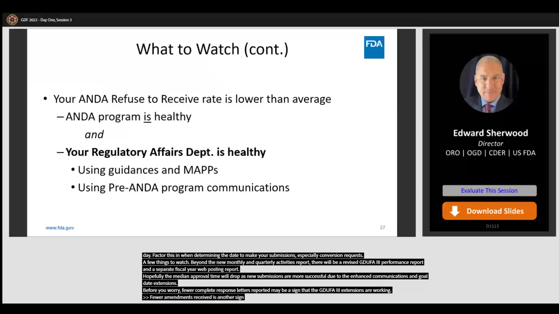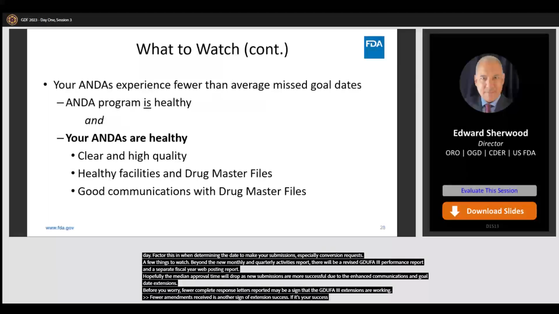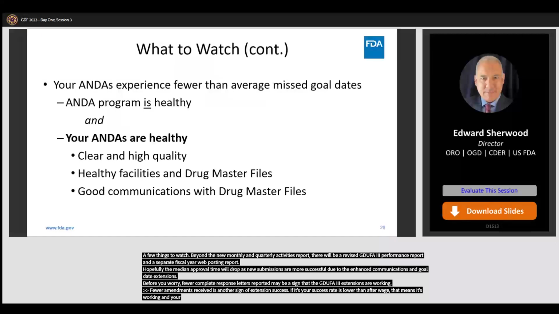If your refused to receive rate is lower than average, that means FDA's filing information requests are working and your regulatory affairs department is healthy. If you experience fewer goal date misses, that means FDA is healthy and your applications are healthy.